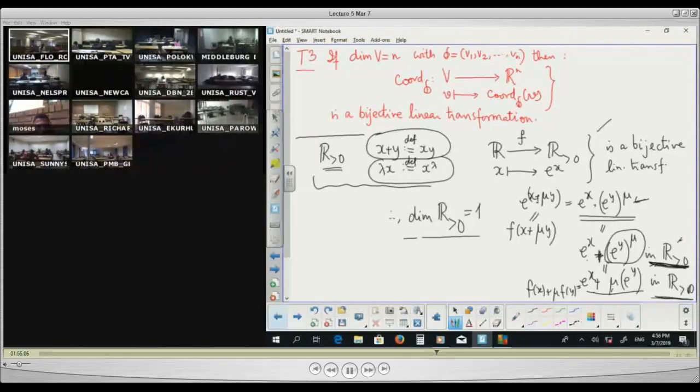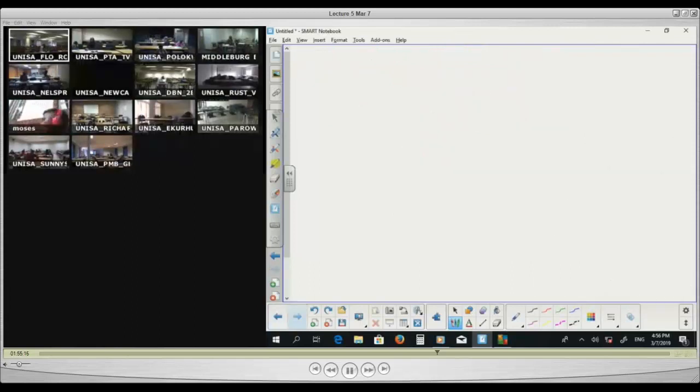So we have a vector space V, and the dimension of it is n, and say this is a basis, and we have another vector space, say W, its dimension is m, and let this be the basis.